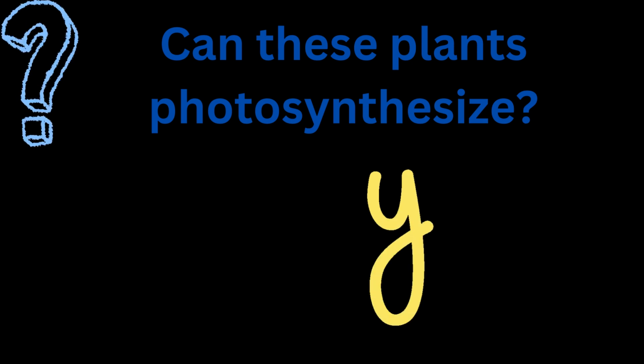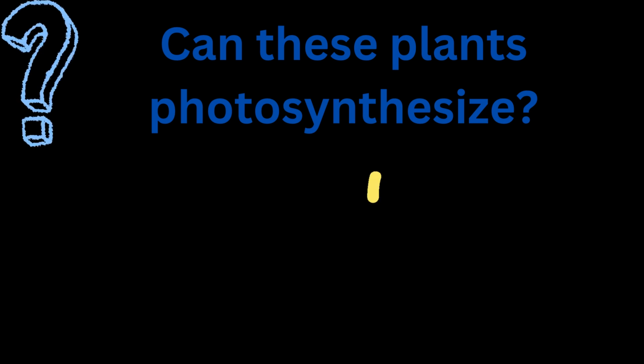One question that comes to our mind when we are discussing these plants is, can these plants photosynthesize? Of course, the answer is yes. So, why on earth do these plants need to catch flies to supplement their diet? That is because plants also need other micronutrients and minerals which they normally obtain through their roots.